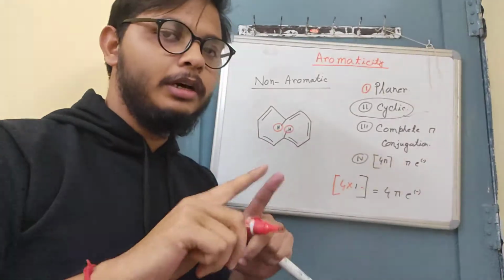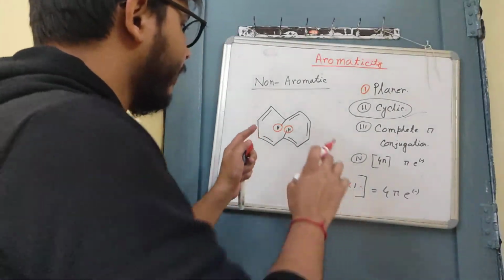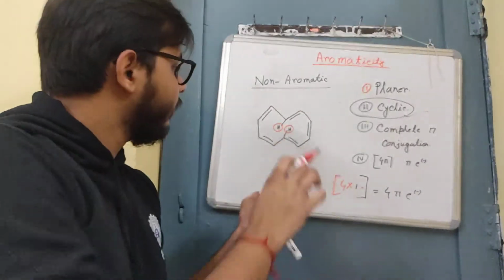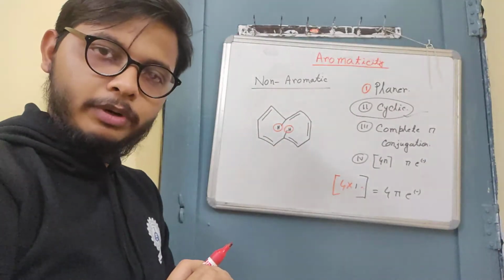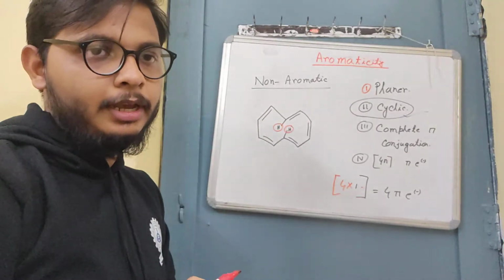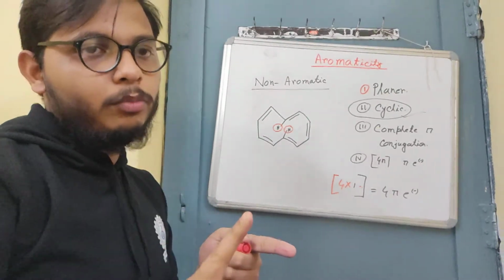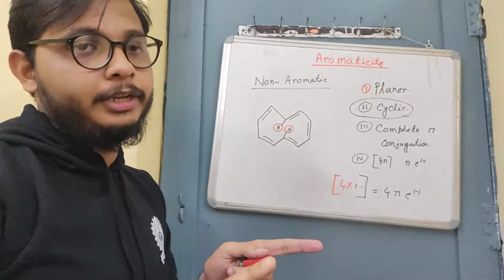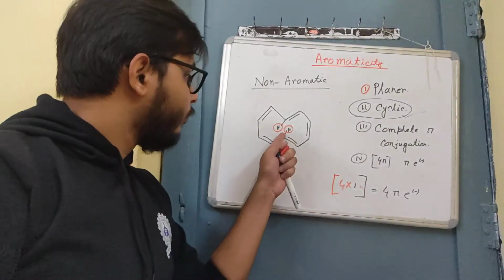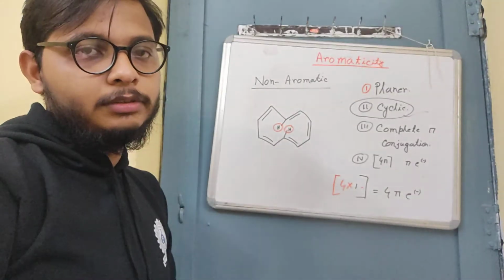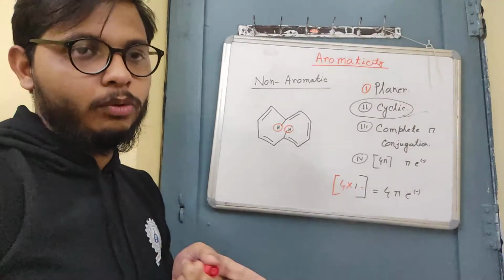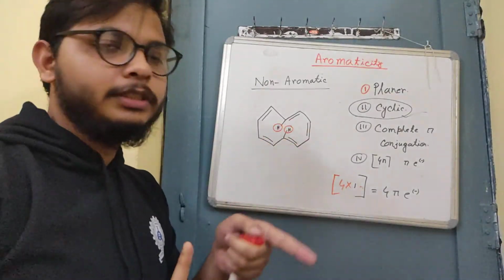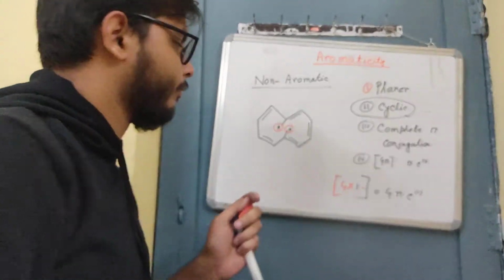Due to this repulsive force, the molecule is no longer planar. It lost its planarity, and planarity is the most important criterion for aromaticity. So this molecule is not aromatic. This is non-aromatic because this molecule is non-planar.